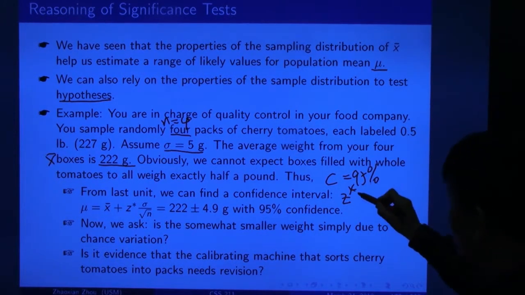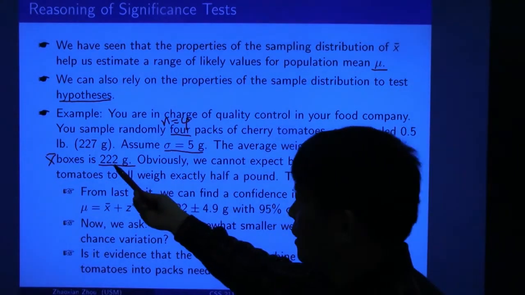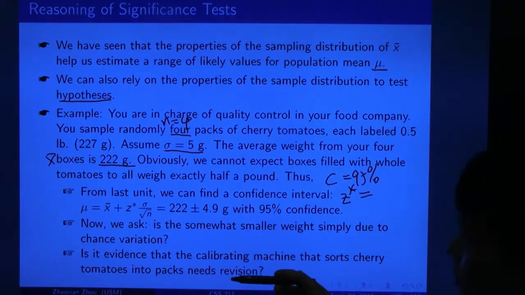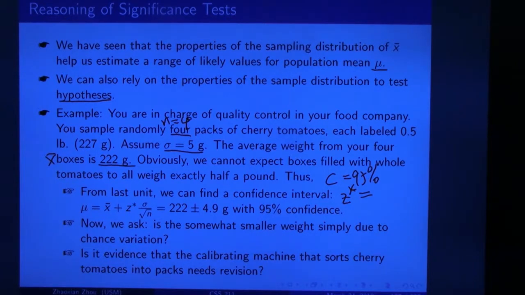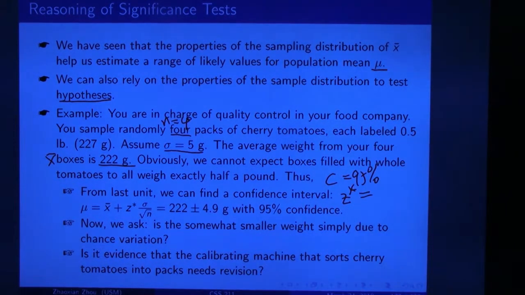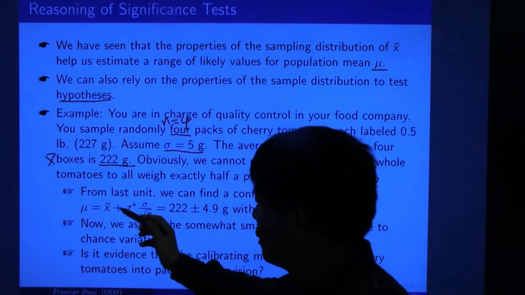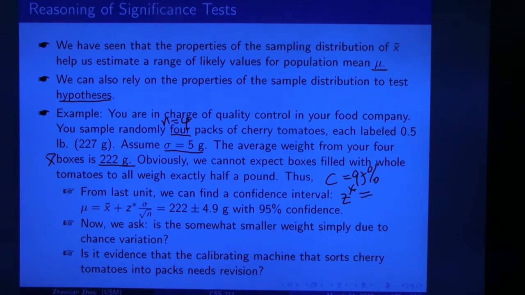Once we know the Z star, because we already know the mean of the sample, the inferred population mean, which can be represented by a confidence interval, is X bar plus or minus Z star times sigma divided by the square root of n.